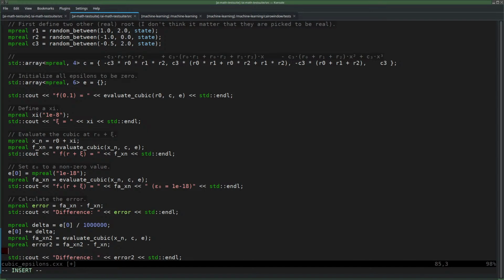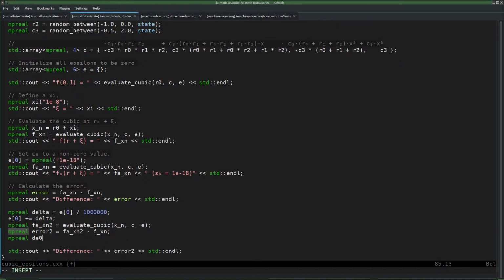Okay, now we can calculate the derivative with respect to epsilon 0. Let's just also do d, the dE0. That's the derivative with respect to E0. No, that's not how I did it.